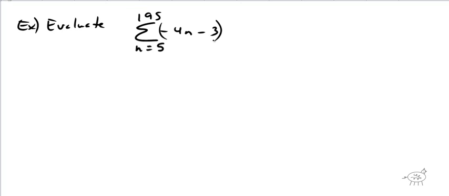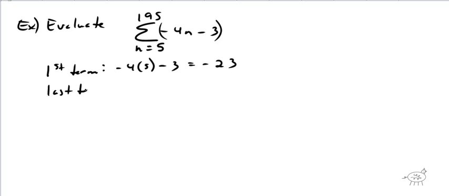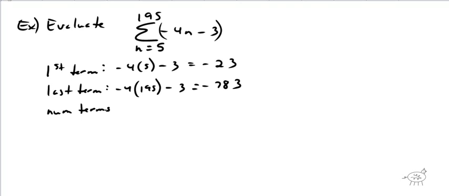The first thing I'm going to do is find my first term. The first term is plugging a 5 in there. Negative 4 times 5 minus 3, so it's negative 23. And my last term is going to be negative 4 times 195 minus 3, which gives us negative 783. And the number of terms is easy.